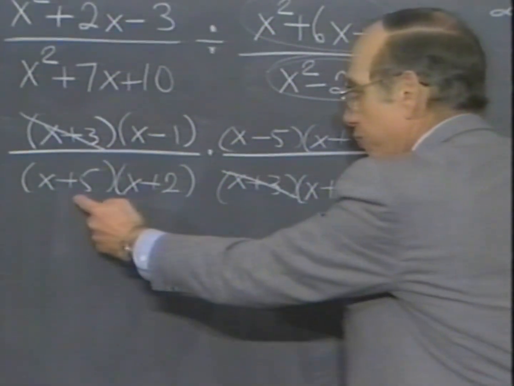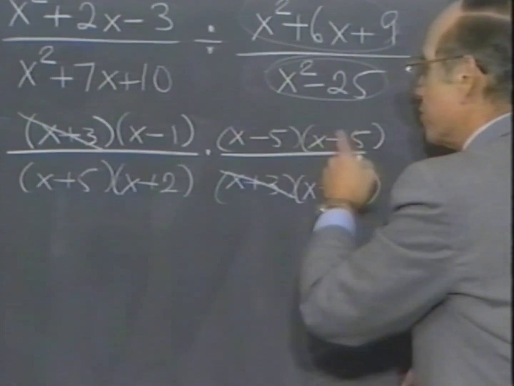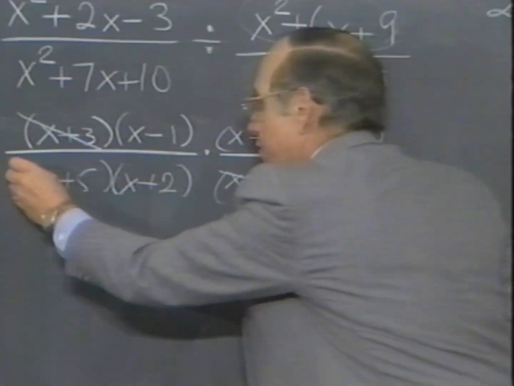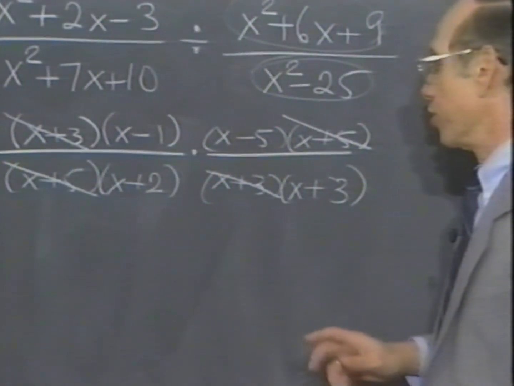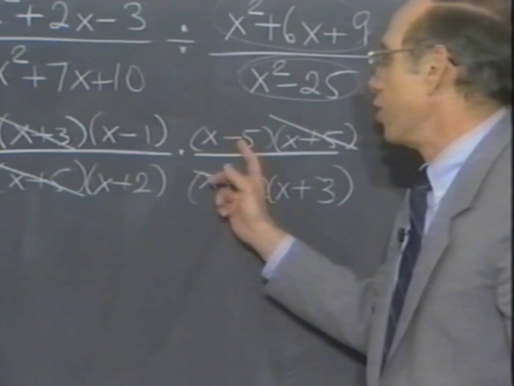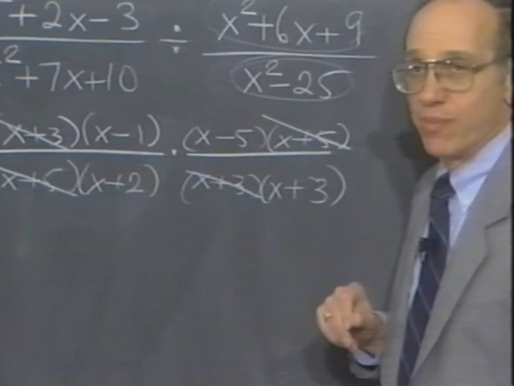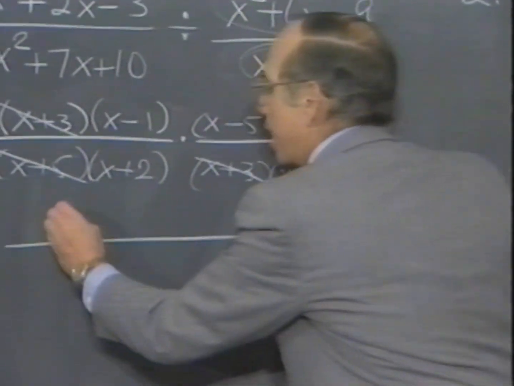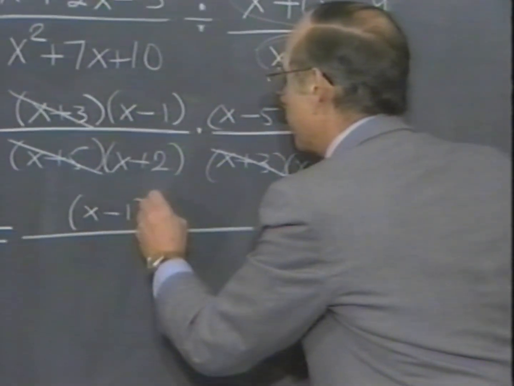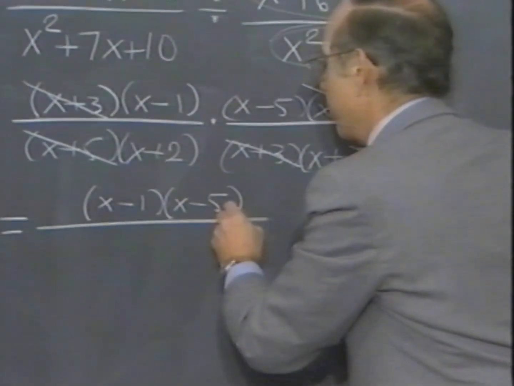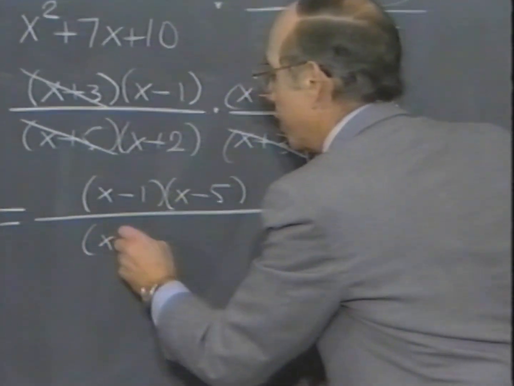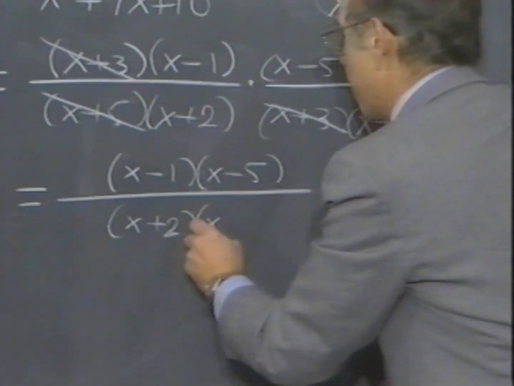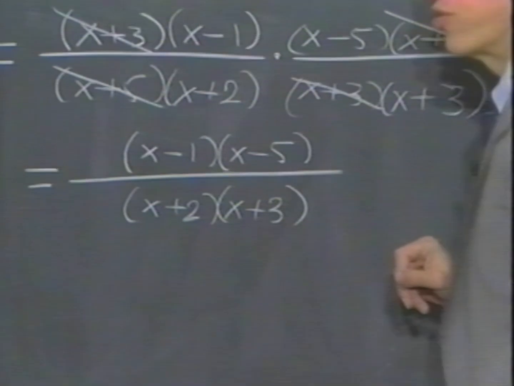There's an x plus 5 in the denominator here and an x plus 5 in the numerator here. So that divides out. And if you look at what's left, you see that there are no more factors common to numerator and denominator. So we write this as x minus 1 times x minus 5 divided by x plus 2 times x plus 3.